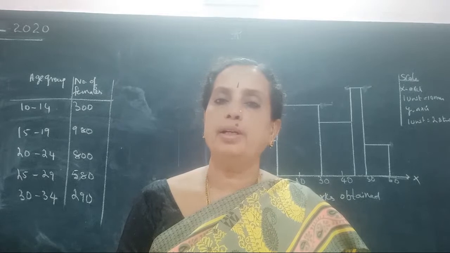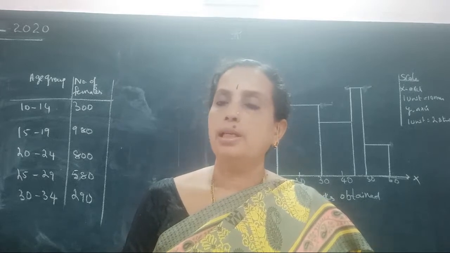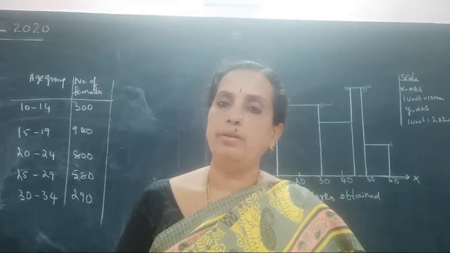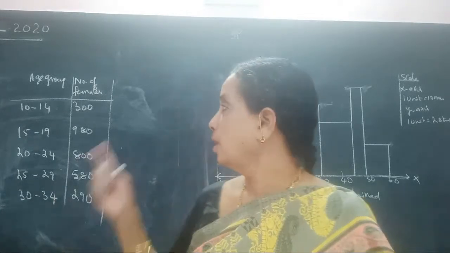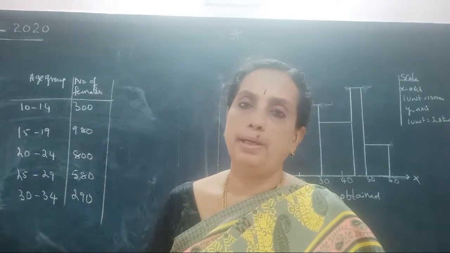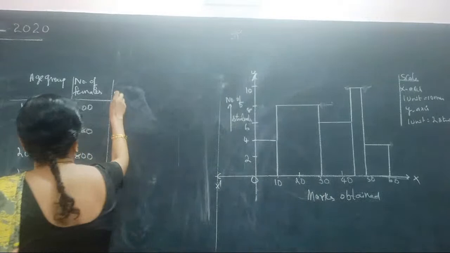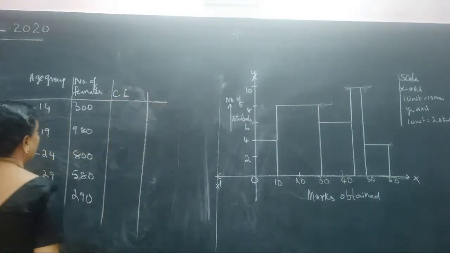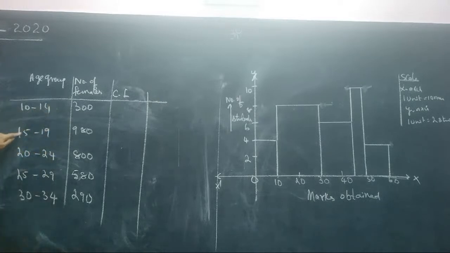How to get the continuous class interval? See, the difference is 1, half of the difference is 0.5. Subtract it from the lower limit and add it to the upper limit.